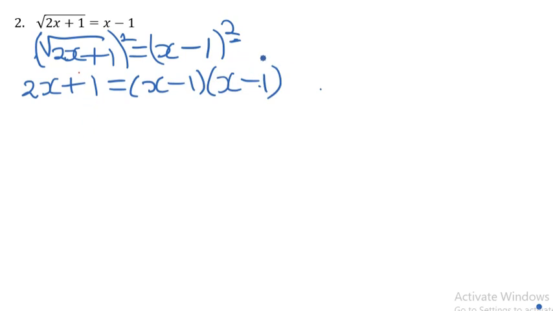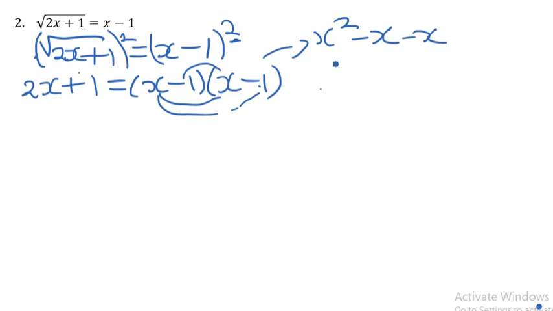Let's write this aside. When we multiply like this, we get x squared. We multiply x and negative 1, that gives us negative x. Then we multiply negative 1 and x, that gives us negative x. Now negative 1 multiplied by negative 1 gives us positive 1.